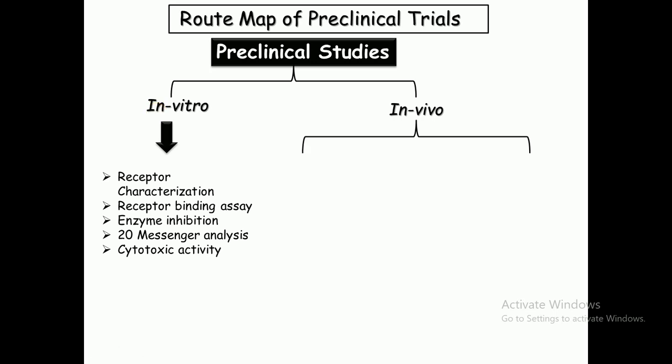In vivo, we check pharmacological or toxicological studies, like safety. In toxicology, we calculate LD50 and ED50 using in vivo studies, and further go for estimation of the therapeutic index.